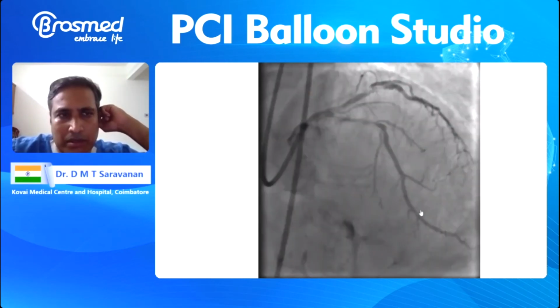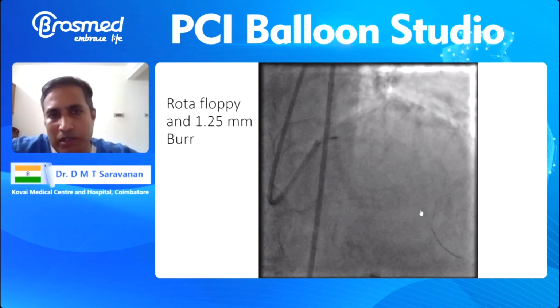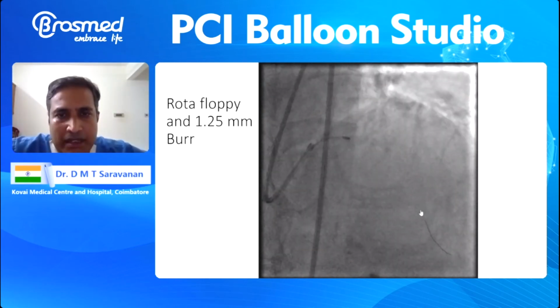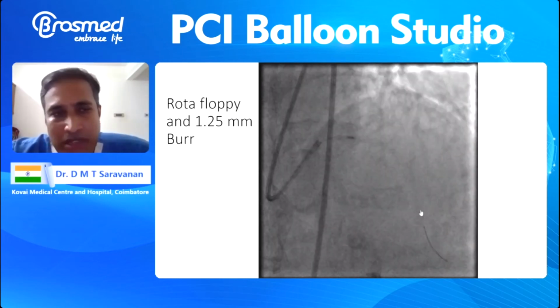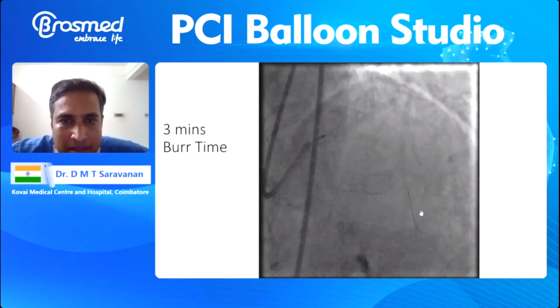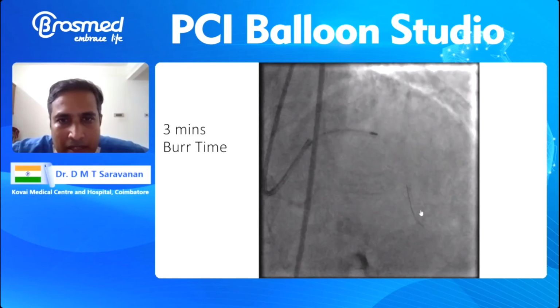So the rotor floppy wire was directly taken, and then a 1.25 mm burr was taken. The 1.25 burr was taken because I was planning to do IVL, as there was a lot of calcium and a very thick plate of calcium, so we decided to go with the IVL shockwave balloon.